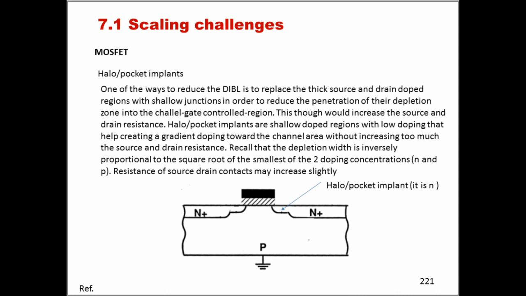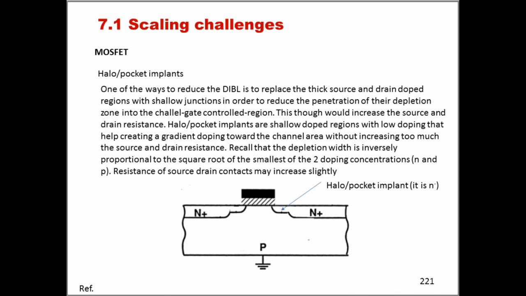Okay, the last thing I would like to mention here is the point regarding halo and pocket implants. We've briefly mentioned this when we were talking about the drain-induced barrier lowering. The halo and pocket implants are a way to reduce the negative effects arising from the scaling process through the DIBL phenomenon, the drain-induced barrier lowering.